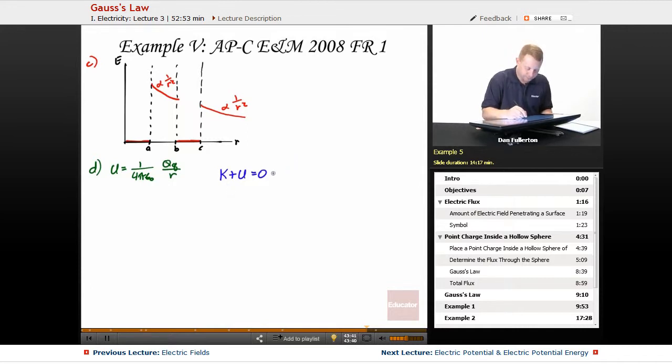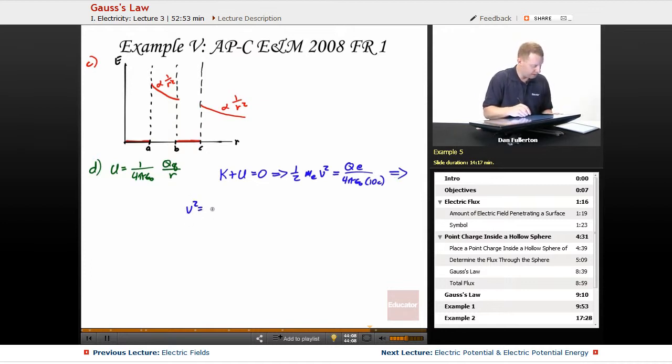Therefore, the kinetic energy is going to be 1/2 me v squared, and that's got to be equal to the potential energy, Q times the charge, E, over 4 pi epsilon naught times our distance, 10c. So now it's just an exercise in algebra to find the velocity.